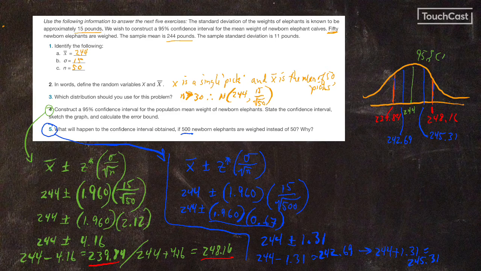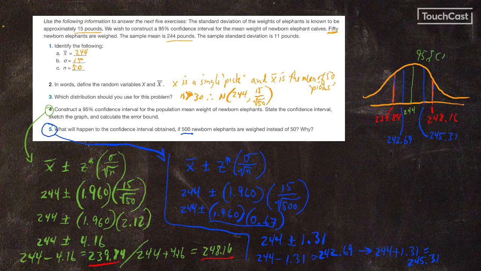So we're saying that if we were to take another 500 newborn elephants and weigh them and take their average, there's a 95% likelihood that the average will fall somewhere between 242.69 and 245.31. The other 5% are outside of that range.